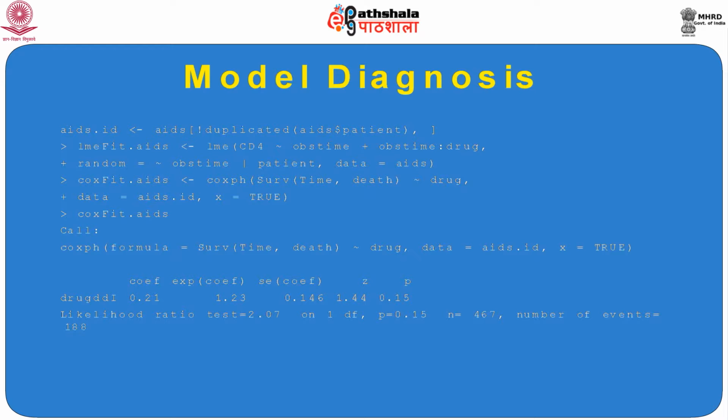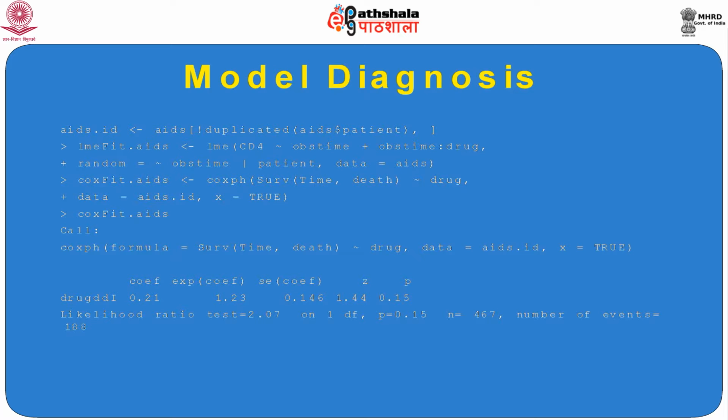Now we are calling that coxFit.aids and getting the regression coefficient for DDI as 0.21 with hazard ratio of 1.23, and obviously this is not saying that the CD4 level was quite high or low in case of DDI in comparison to DDC, because the p-value is not coming out significant.